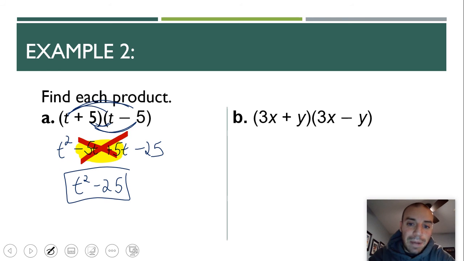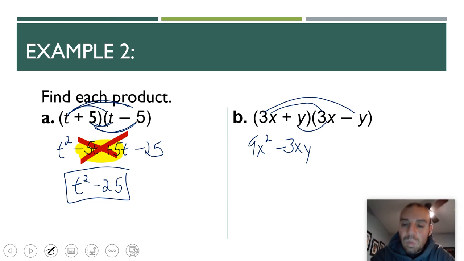If we look at our next problem, again, I'm going to use the FOIL technique. I like that. 3x times 3x. 3 times 3 is 9. X times x is x squared. 3x times -y is going to be -3xy. Y times 3x is positive 3xy.